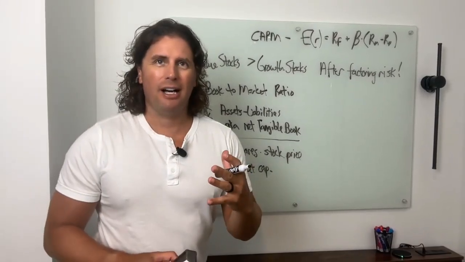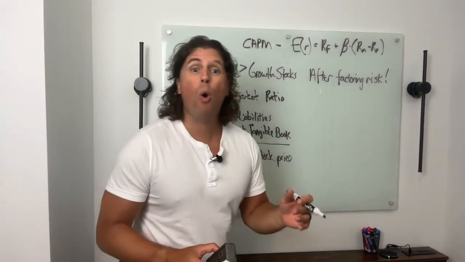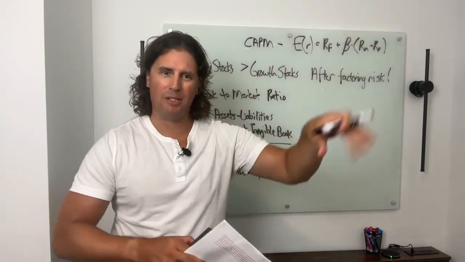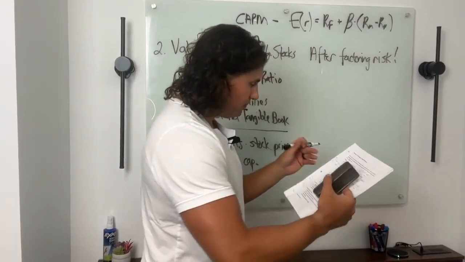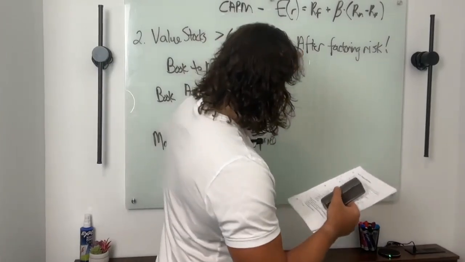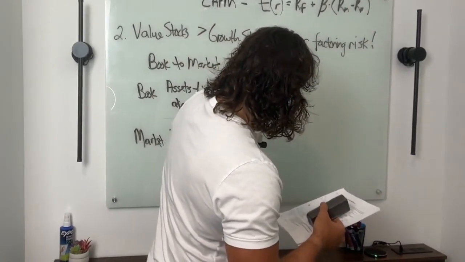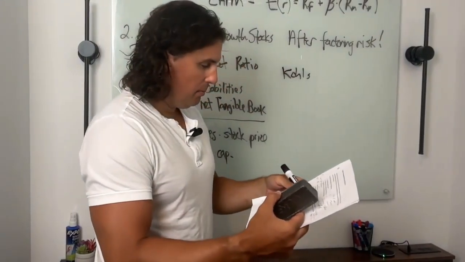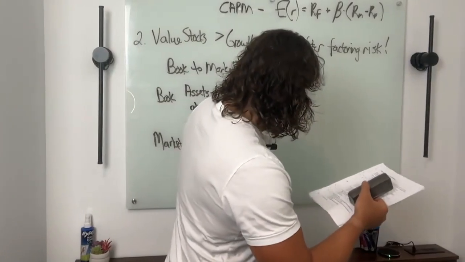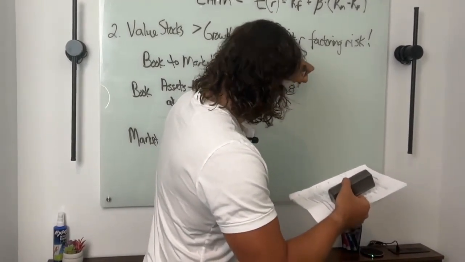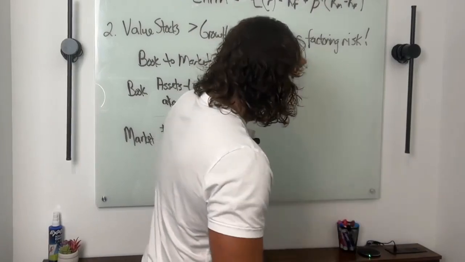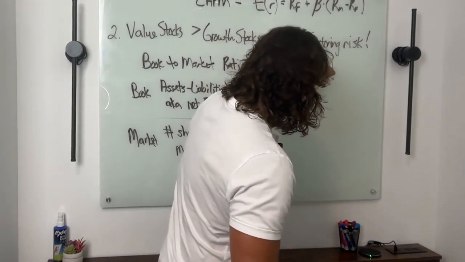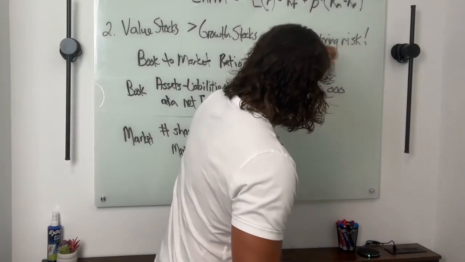I was just randomly looking at Kohl's, the old department store. Kohl's had a tangible book value of $3,893 on their books.